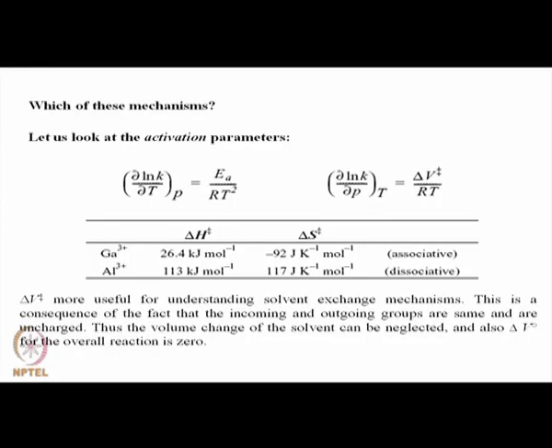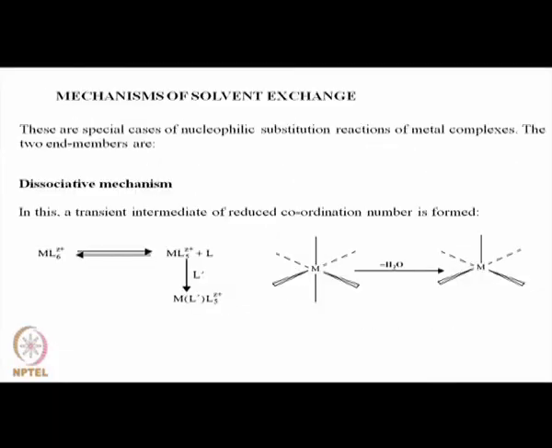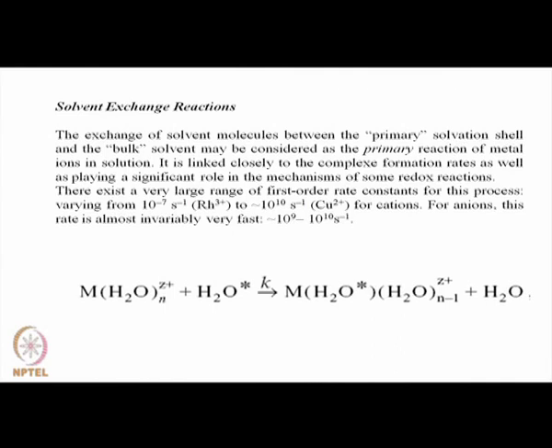I guess today I will have to stop over here, and maybe I will have to elaborate this delta V activation in the next lecture. But before that, let us sum up. We have talked about solvent exchange reaction, and it is the exchange of molecules which are in the primary solvation cell and in the bulk solvent.